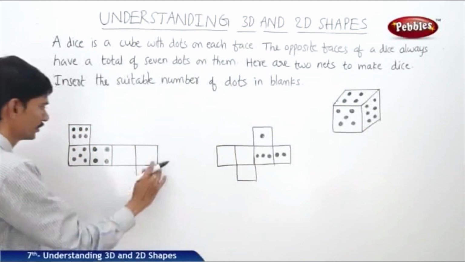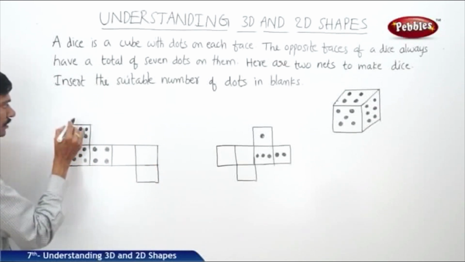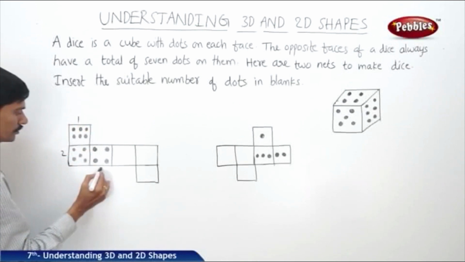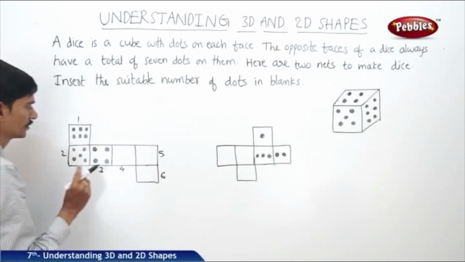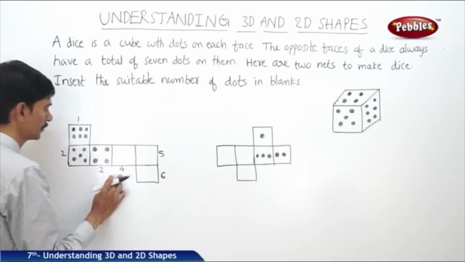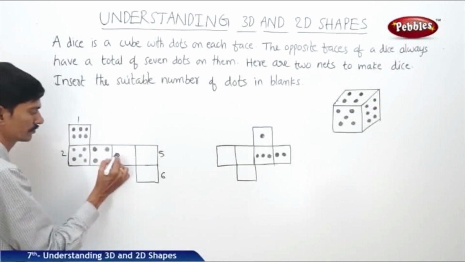Now if you take the net figure of any dice, let us give numbers to each face: 1, 2, 3, 4, 5, 6. Now as face 2 has 5 dots on it, its opposite face 4 will have 2 dots, because 5 plus 2 is 7.